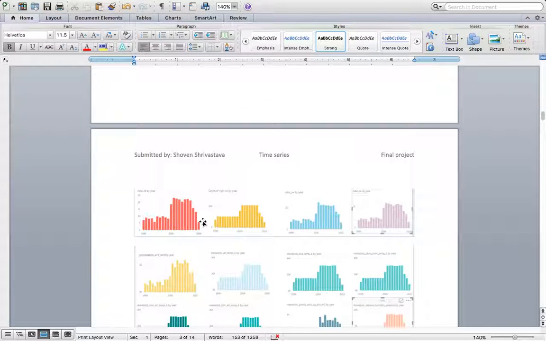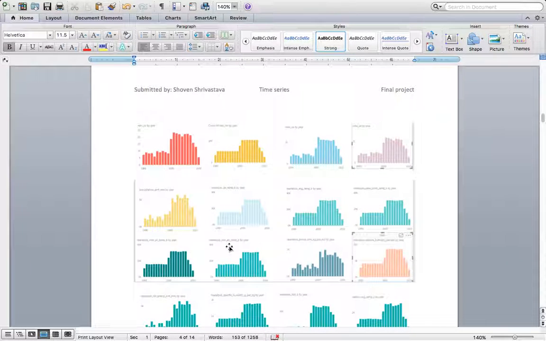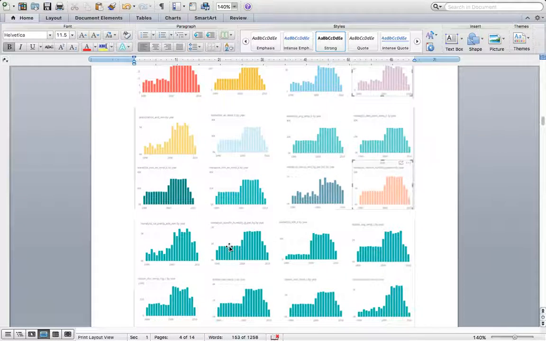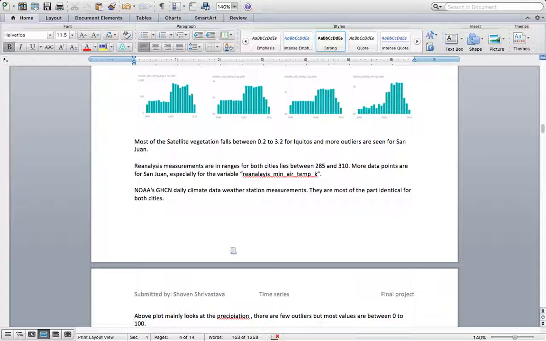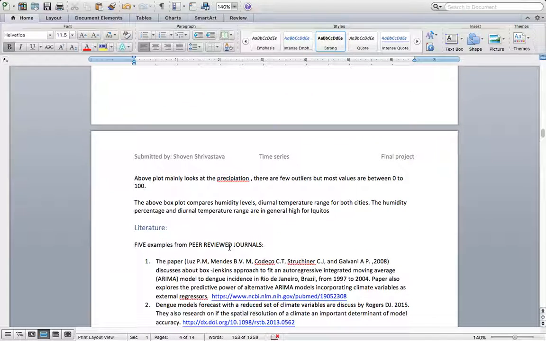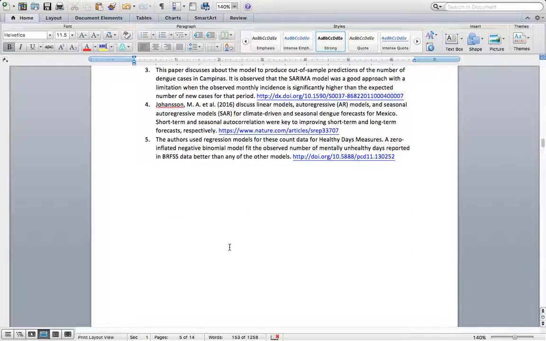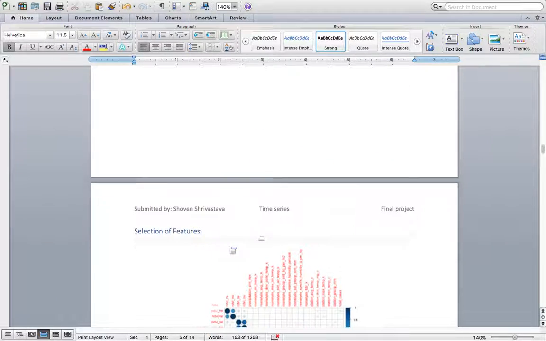And then I drew histograms for all the data points to see how these variables are distributed, and if we need any transformation. Then I looked at the correlation between the variables, to see what are the best variables to build the model.